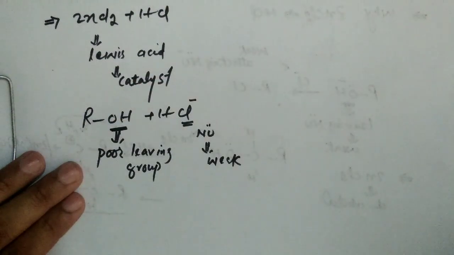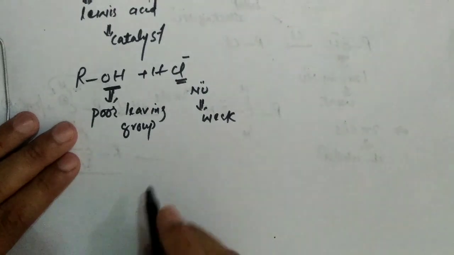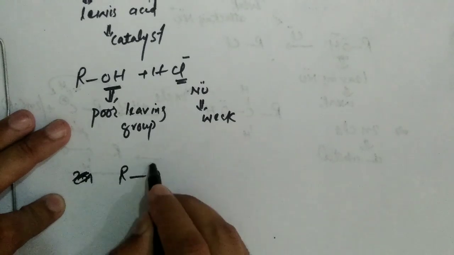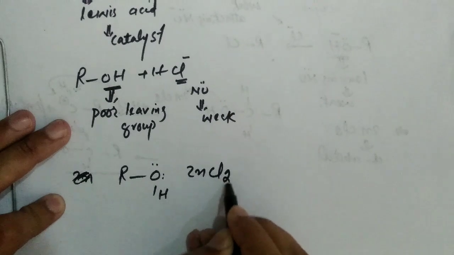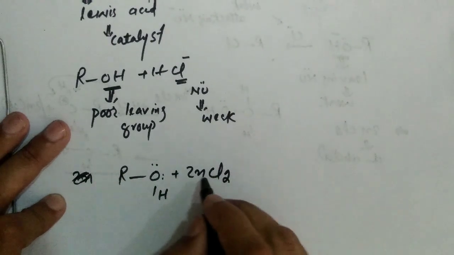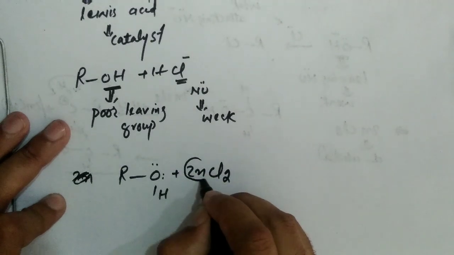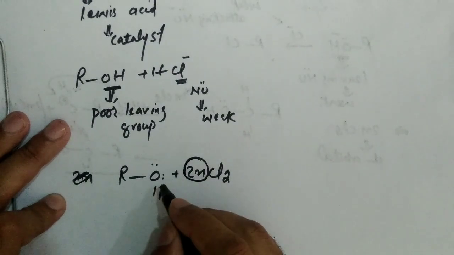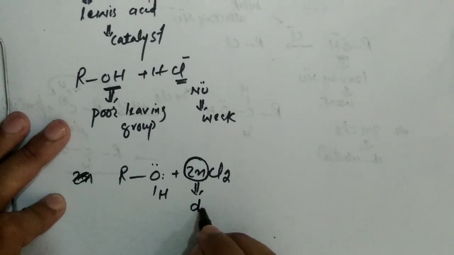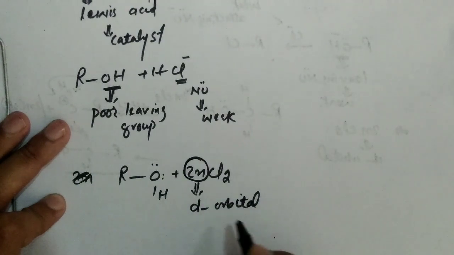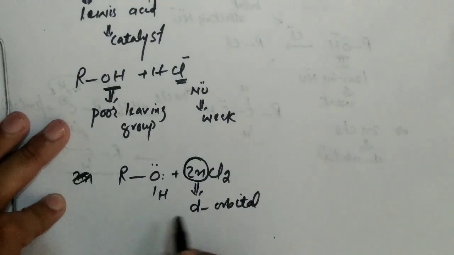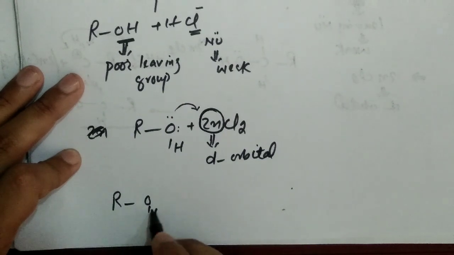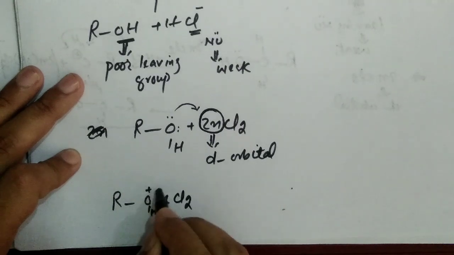So we use ZnCl2, and ZnCl2 makes a complex with OH of the alcohol, and Zn accepts electron from the O of the OH group, because zinc has d available orbital, and d orbital can accommodate the electron, and it makes a complex ROH, ZnCl2 positive and negative.